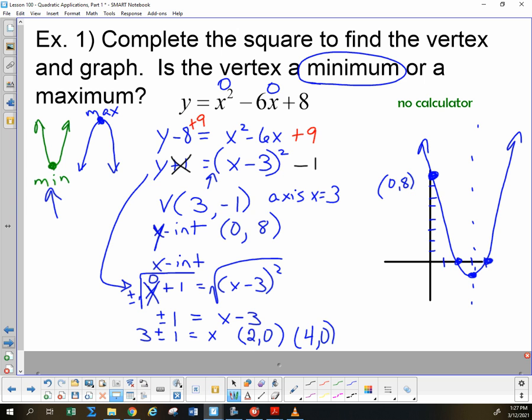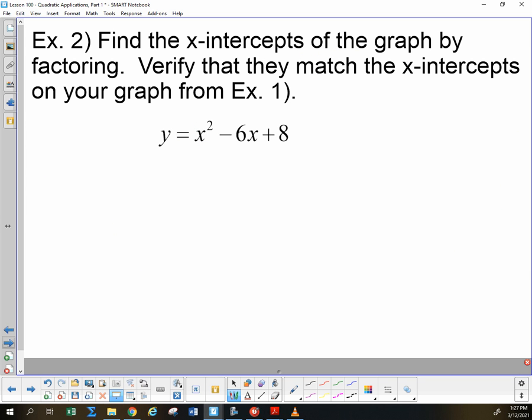So y equals x squared minus 6x plus 8. Still, y equals x squared minus 6x plus 8, so exactly the same problem, but this time let's find the x-intercepts by factoring, and then we want to verify that they do match what we got on example 1. So when we are solving by factoring, we change the y to a 0, and so two numbers that multiply to be 8, and that add to be negative 6, both positive or both negative, to multiply to get a positive.